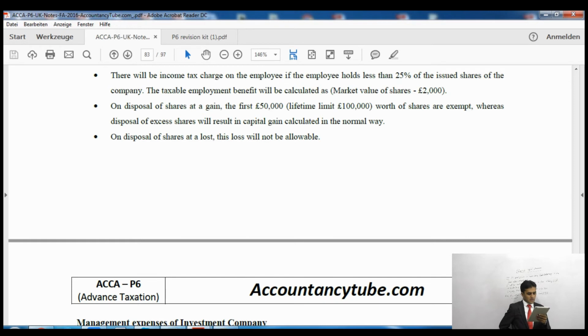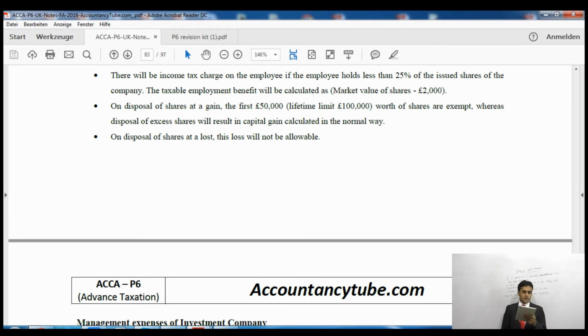Whatever is excess will be considered as employment benefit, and you will have to pay income tax on that. The taxable employment benefit will be calculated as market value of the shares less £2,000.